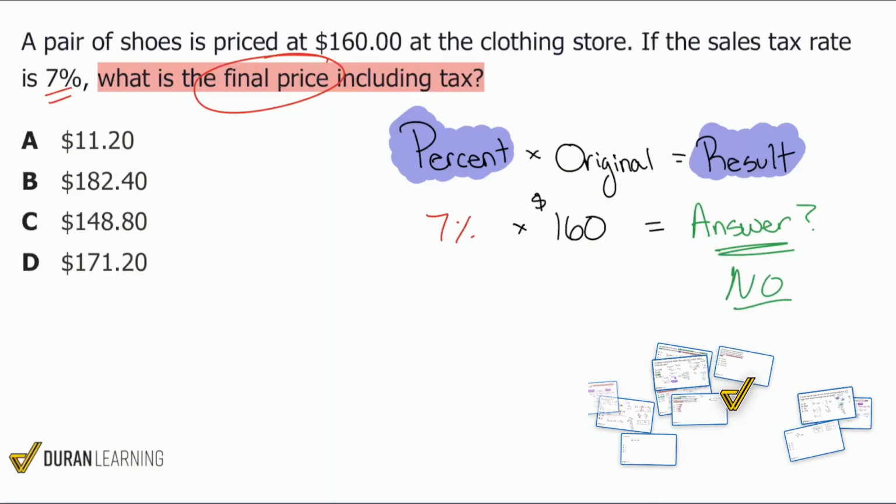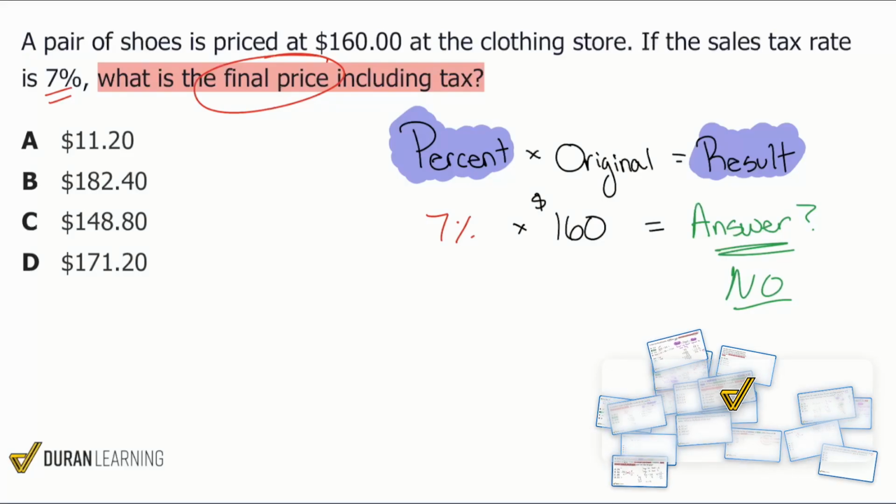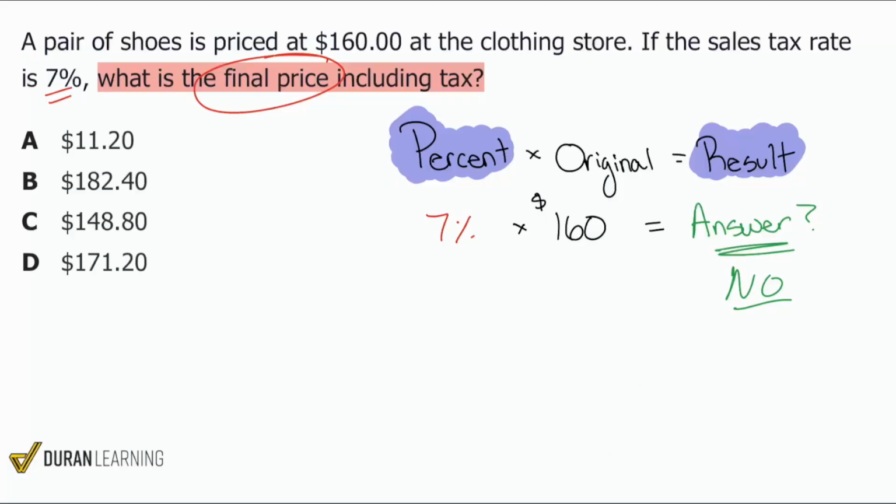Because, everybody, remember your main idea when it comes to percent formulas. The main idea is the percent that you apply is the result that you get. The percent that you apply is the result that you get. So if we were to plug in the 7%, that is our sales tax.